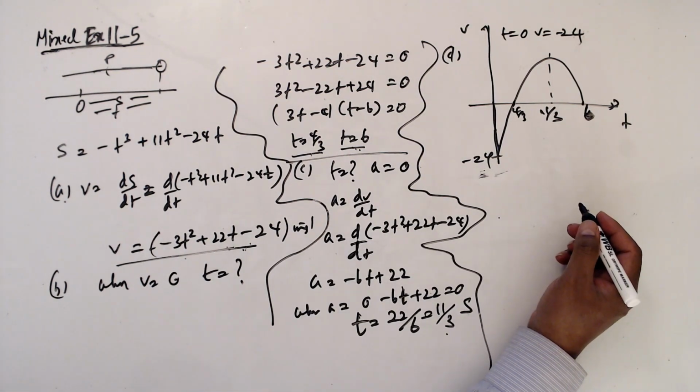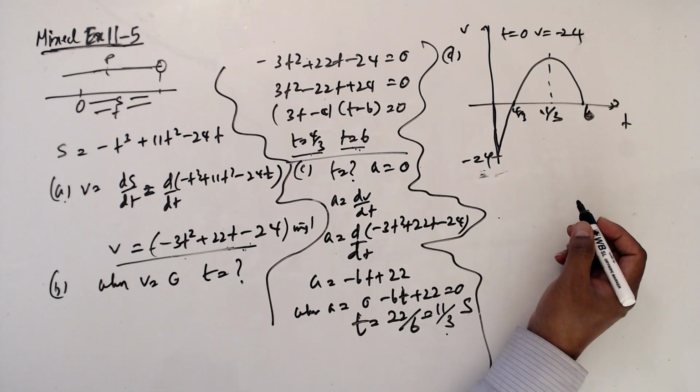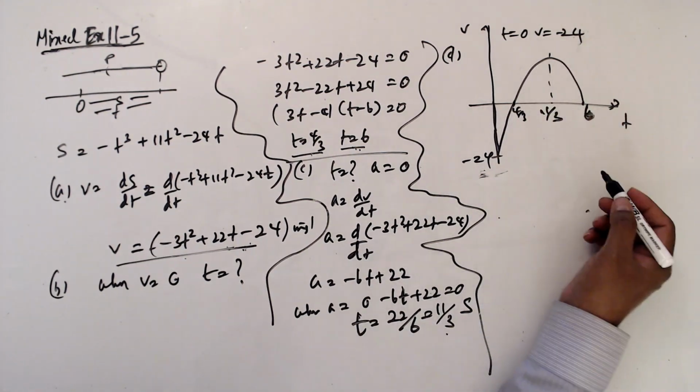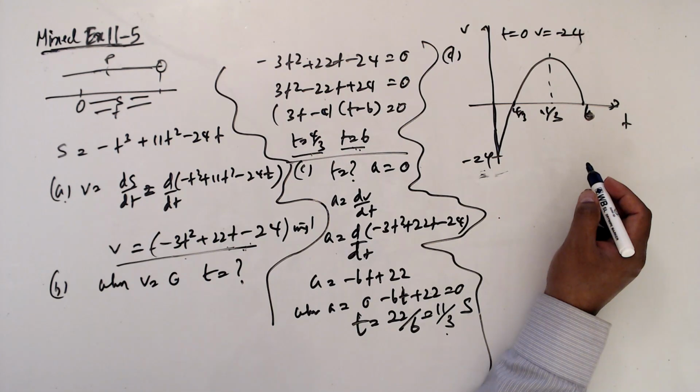And the next part is to calculate for which time frame the particle has velocity greater than 16.